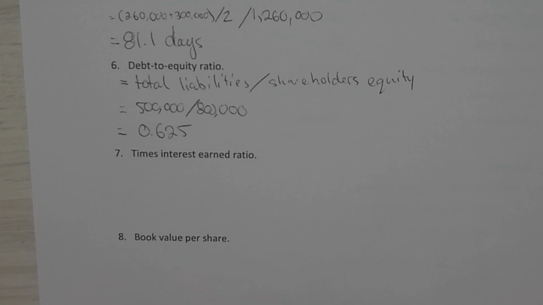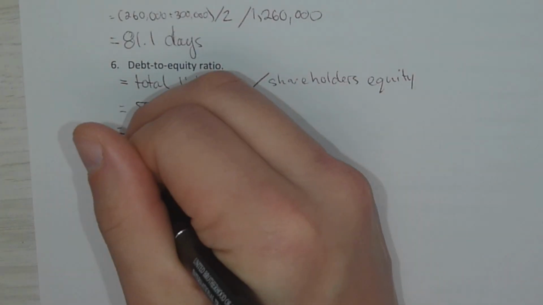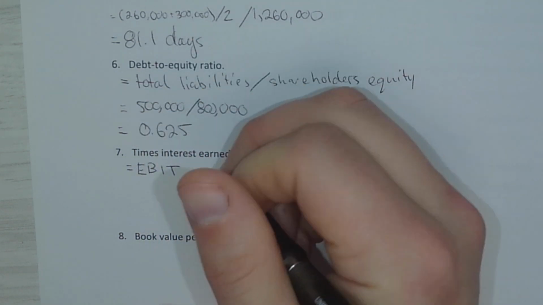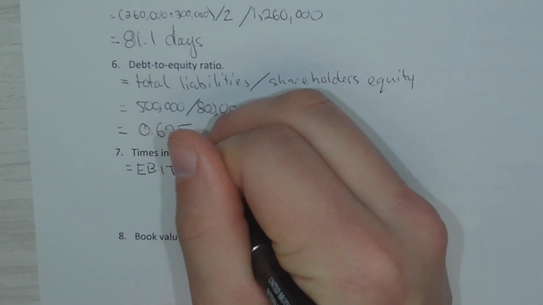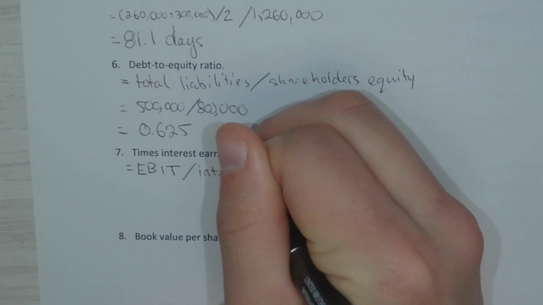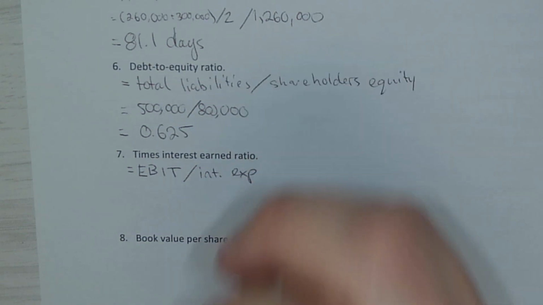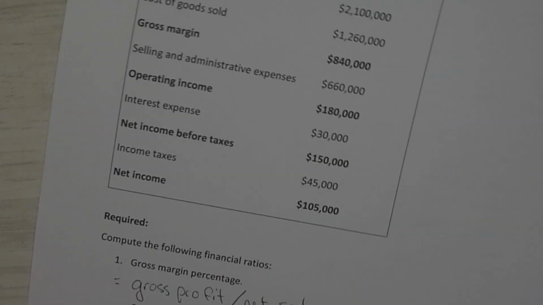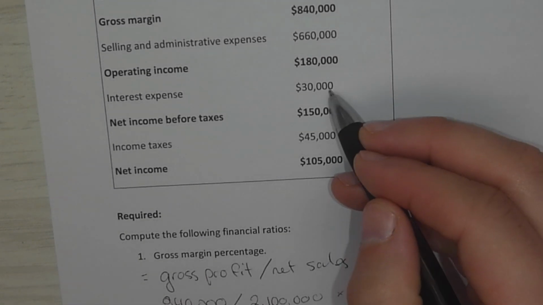Our times interest earned ratio is our earnings before interest and tax divided by our interest expense. Now our EBIT can be found on our income statement here because we have our tax and our interest here.